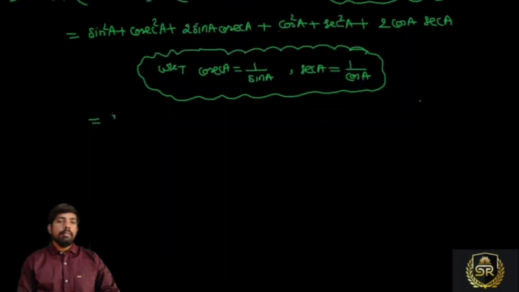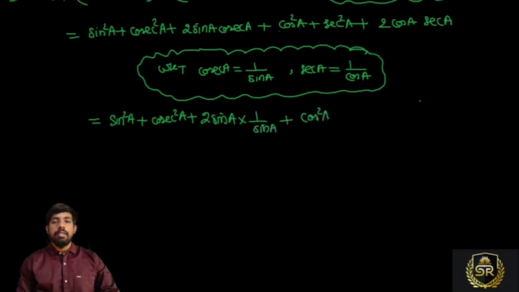I am writing the same: sin square a plus cosecant square a plus 2 sin a into cosecant a, which is actually 1 by sin a, so 2. Then cos square a plus secant square a plus 2 cos a into secant a, which means 1 by cos a.